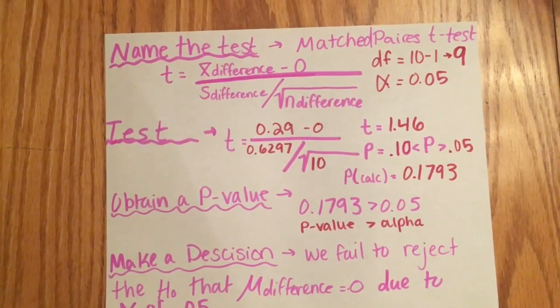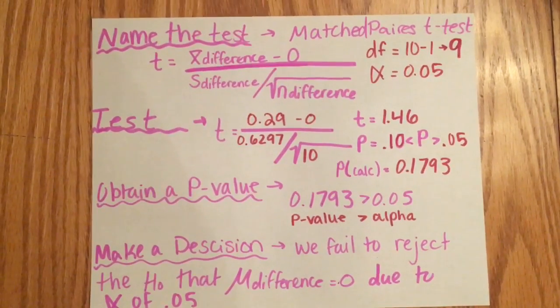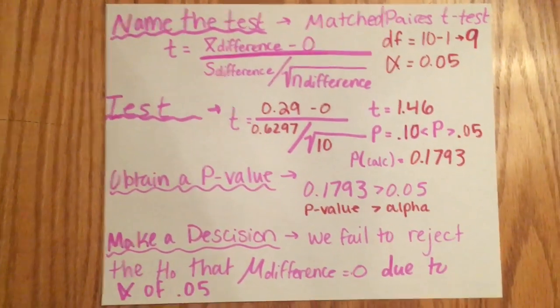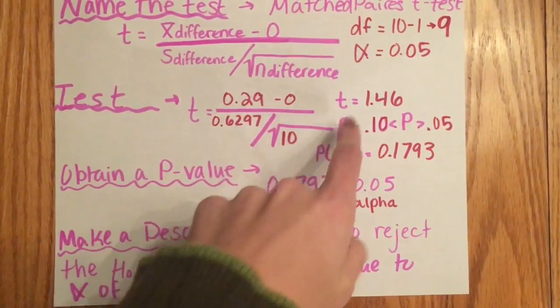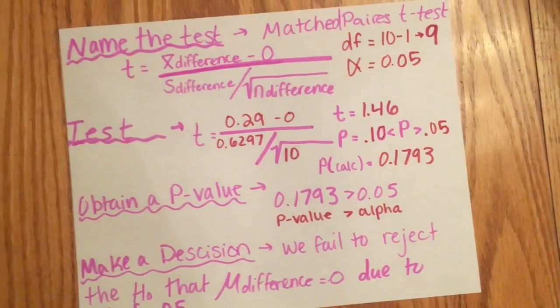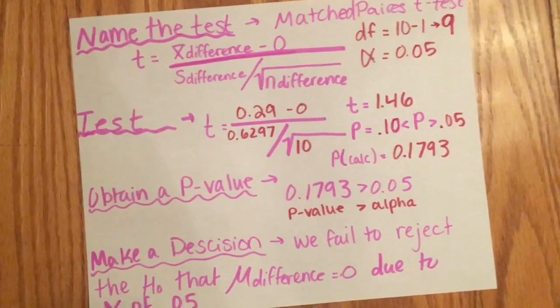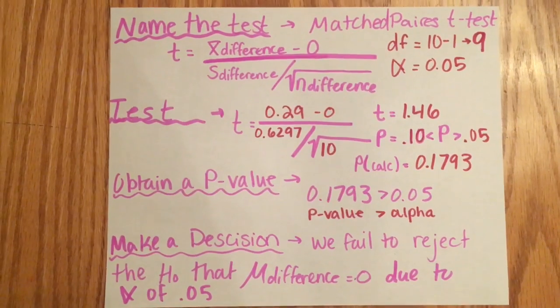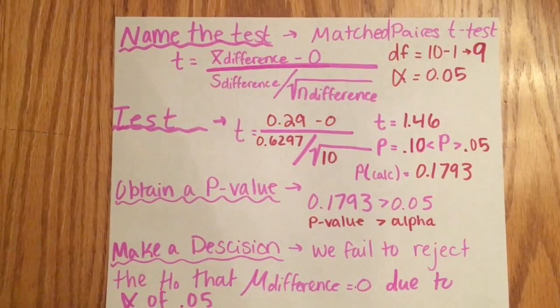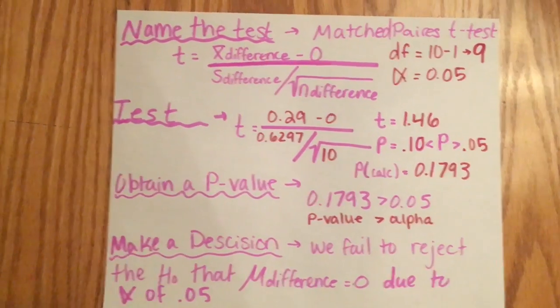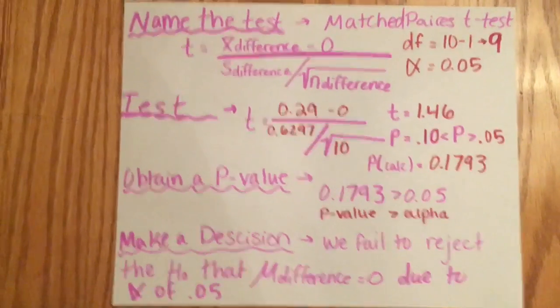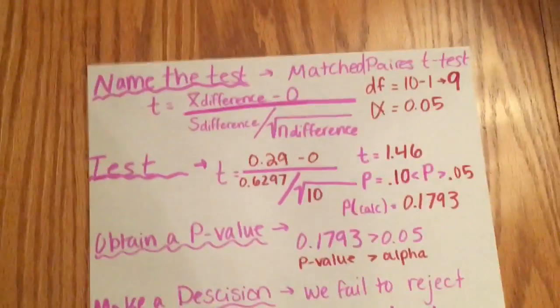And then I'm going to use the alpha level of 0.05. And then for my test, I carried it out and I got my t value of 1.46. So then I went in my book, in my chart, and found that p is between 0.10 and 0.05.